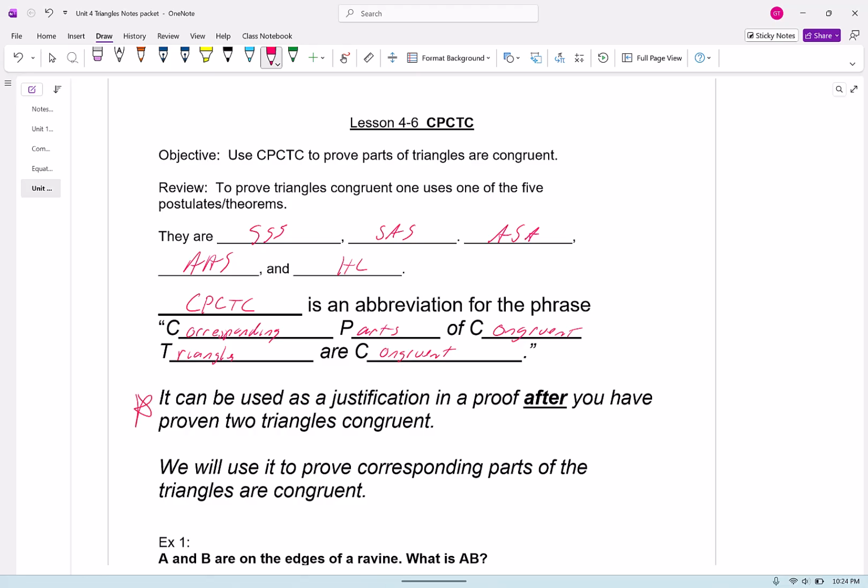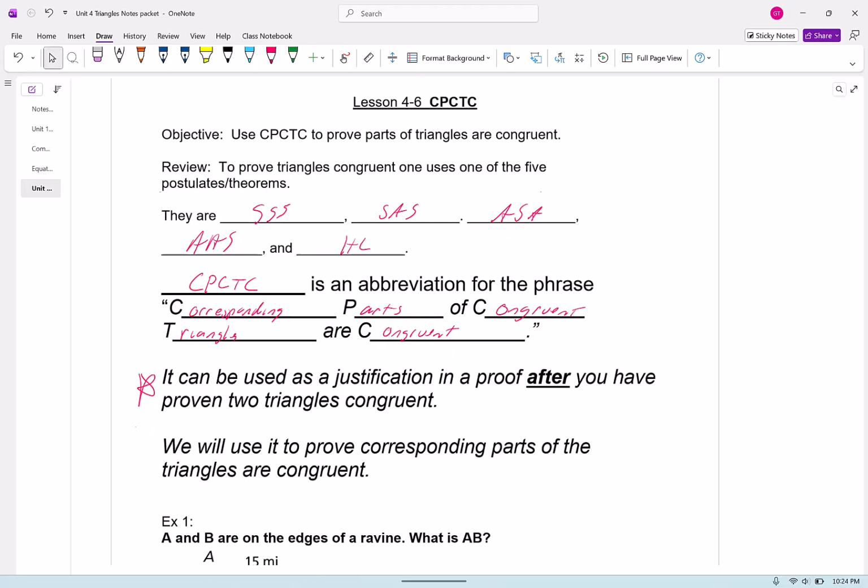So this is a key point here. It's like you say, oh, well, side, side, side, and therefore these things are congruent to each other. And the reason is CPCTC, corresponding parts of congruent triangles are congruent. All it means is that if I have two congruent triangles, then the parts that match up on each, the corresponding parts, are therefore congruent as well. So that seems relatively self-explanatory.